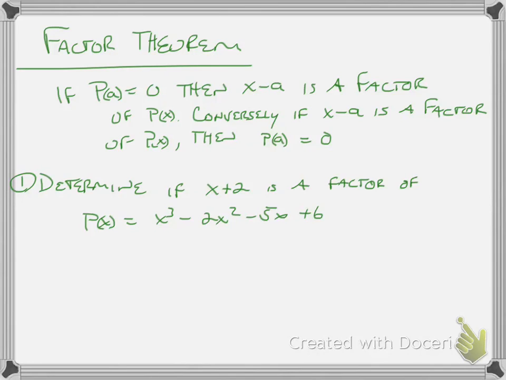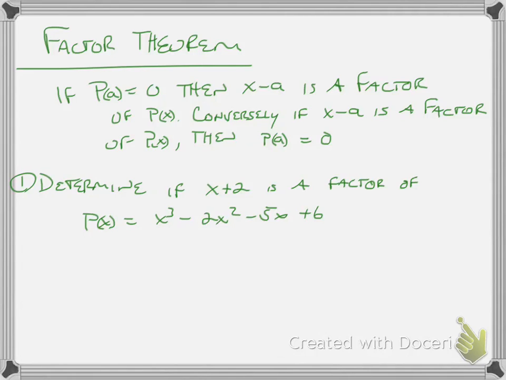Okay, the factor theorem says that if p of a is equal to 0, then x minus a is a factor of p of x. And conversely, it goes the other way as well: if x minus a is a factor of p of x, then p of a is equal to 0. So determine if x plus 2 is a factor of this polynomial p of x.